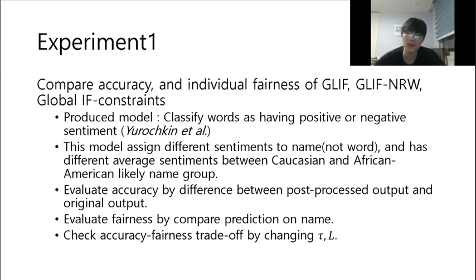Accuracy is evaluated by the difference from the original output, and fairness is evaluated by comparing predictions on names, and we check the accuracy-fairness trade-off by changing tau and Lipschitz constants. Tau is the parameter that defines which Mahalanobis distance becomes similar individuals, that is, it means the local individual region, and the Lipschitz constant is the boundary of local individual fairness.